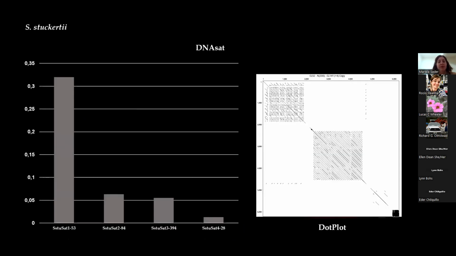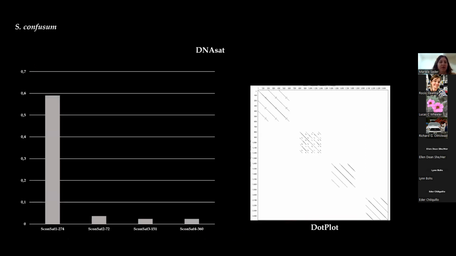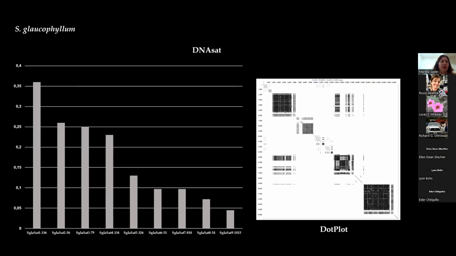For Solanum stuckertii, we described 4 different satellites. For Solanum confusum, 4 different satellites too, one more abundant than the others. And for Solanum glaucophyllum, we described 9 different satellites.